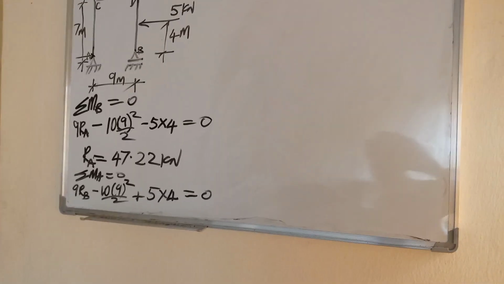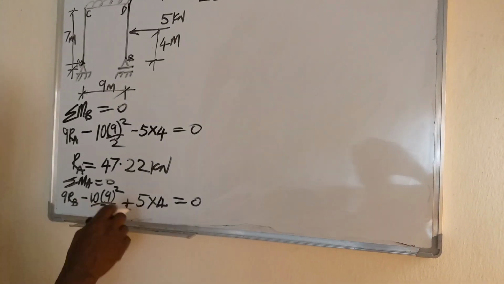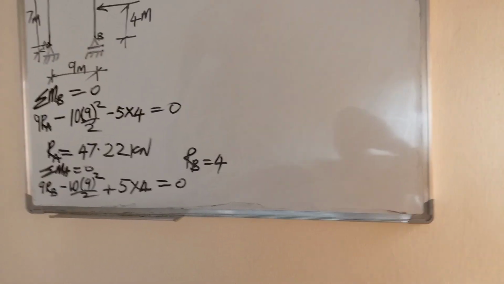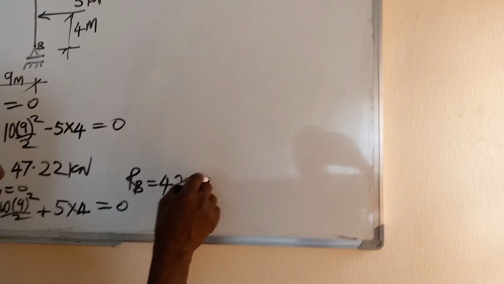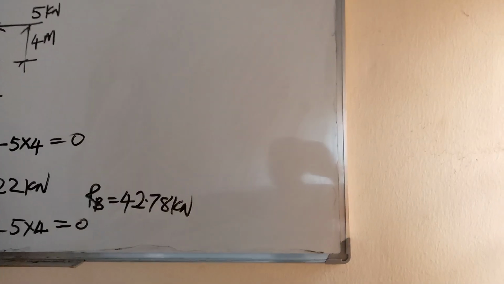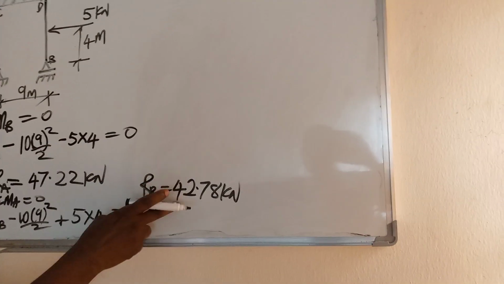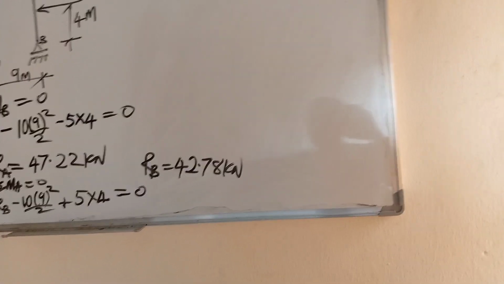And that implies that RB is equal to 42.78 kilonewton. If I send all this over here and divide by 9, I get RB equal to 42.78.